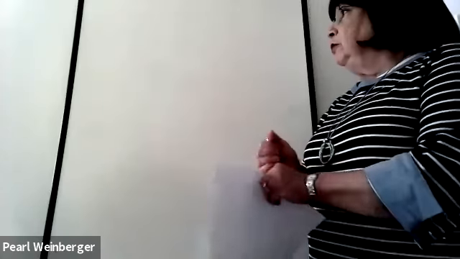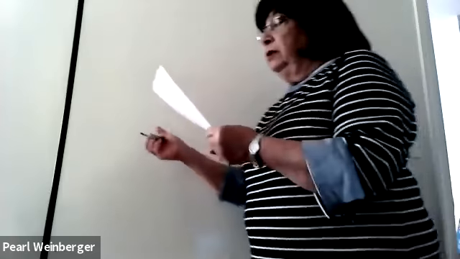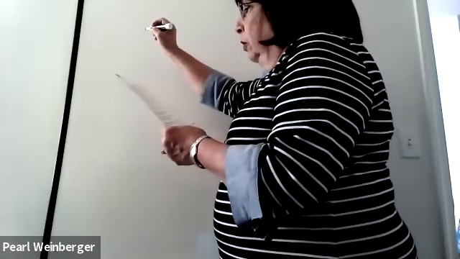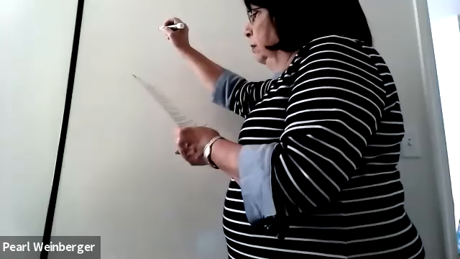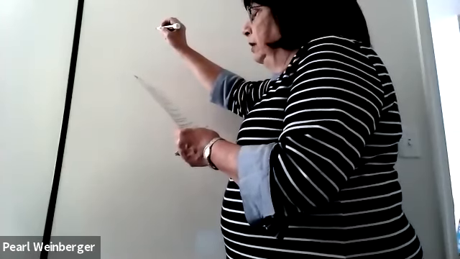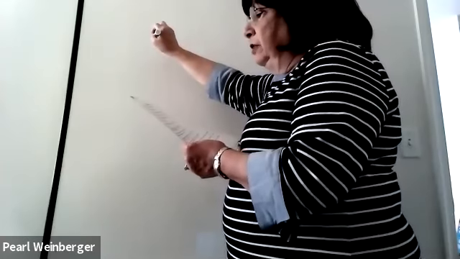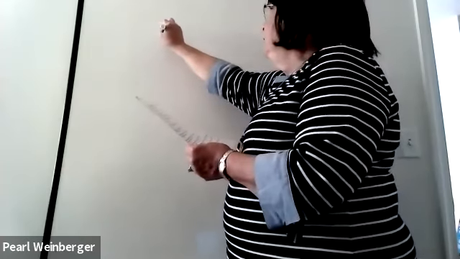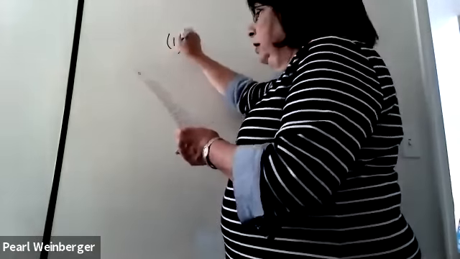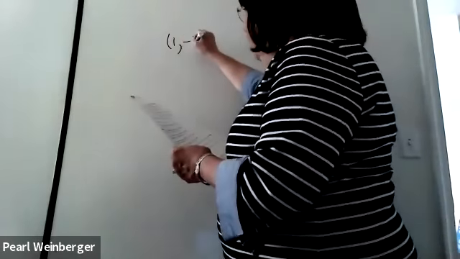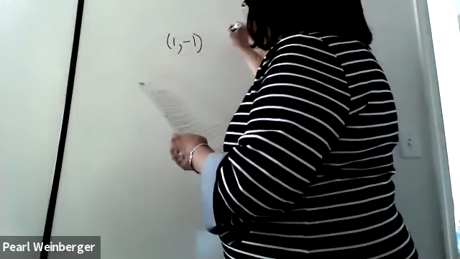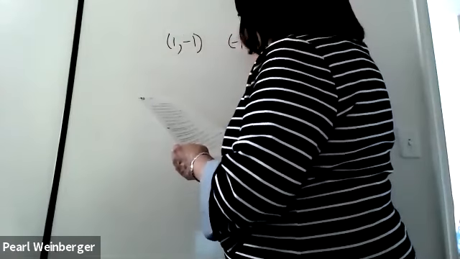As a quick review, this was in the homework, but I don't know if you got to all of them. Let's do number 3, where they say find the slope of the line passing through the points (1, -1) and (-1, 1).